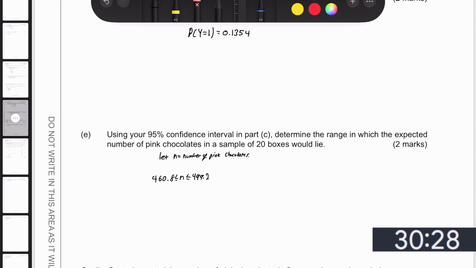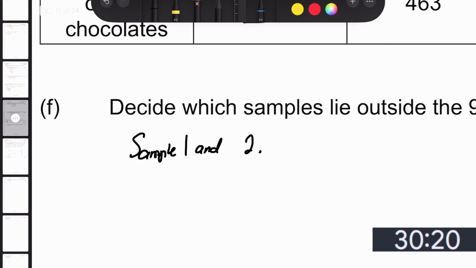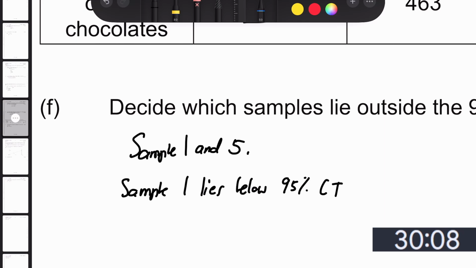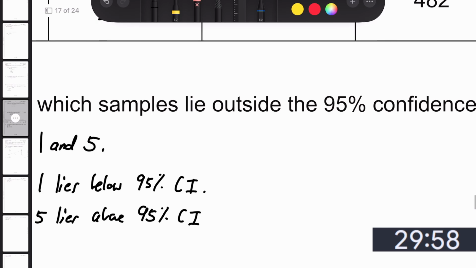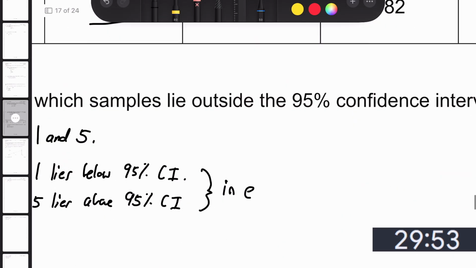We're just going to say it lies outside. Wait, I wrote sample 1 and 2, and that's completely wrong. Sample 1 and 5. Sample 1 lies below the CI, and sample 5 lies above the CI. This is F, must be E.